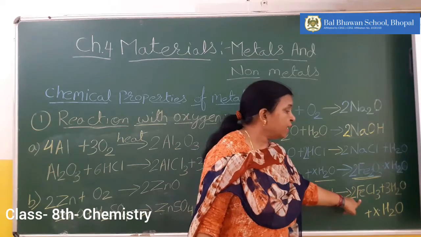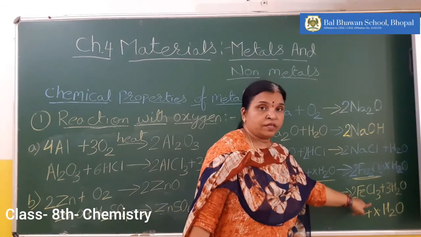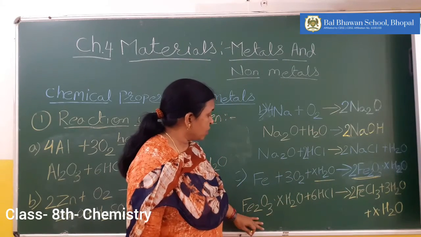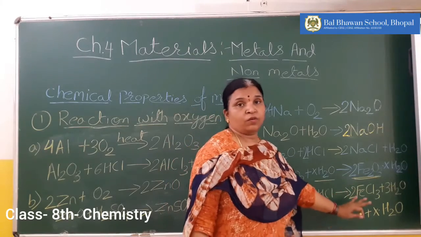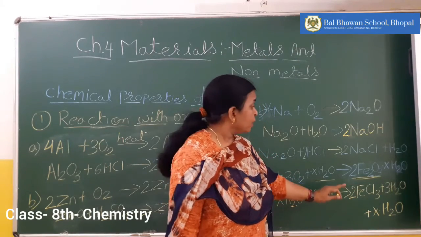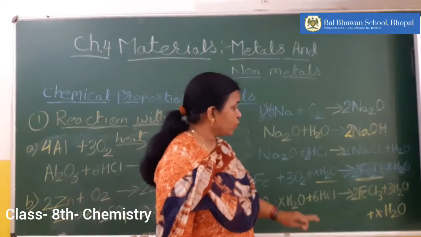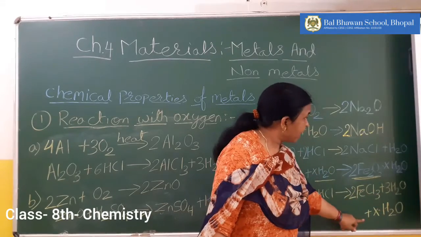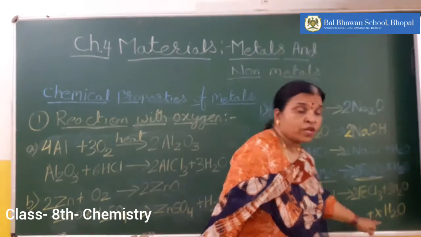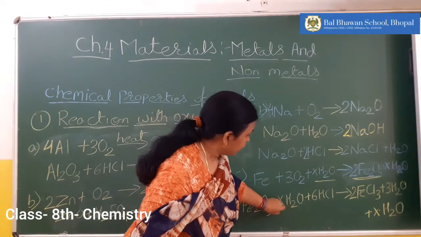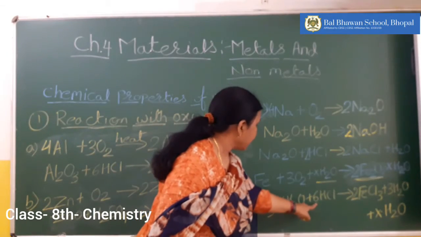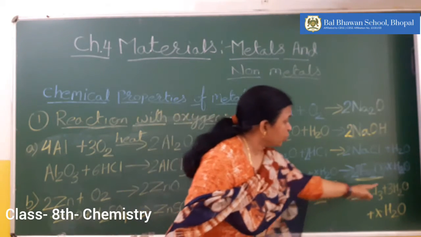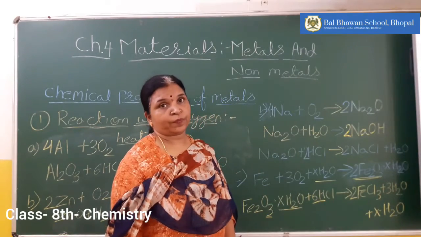Then I will obtain iron chloride, that is ferric chloride. Clear? And water will be produced, 3 molecules of water plus XH2O. This XH2O comes from the formula, and the hydrogen and oxygen will combine to produce 3 molecules of water.